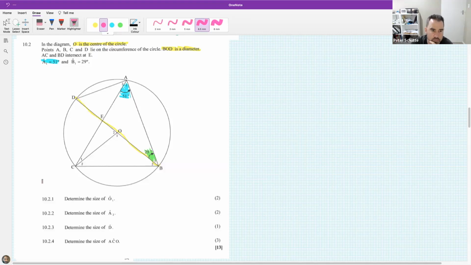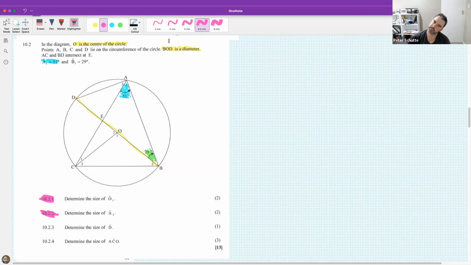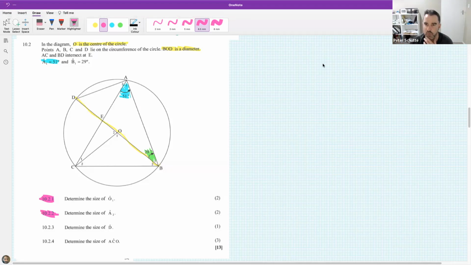Let's start. Can you find O1 and can you find A2? Let's start with those two questions. So what do we think O1 is? What do we think A2 is?